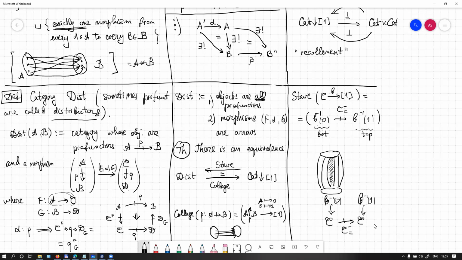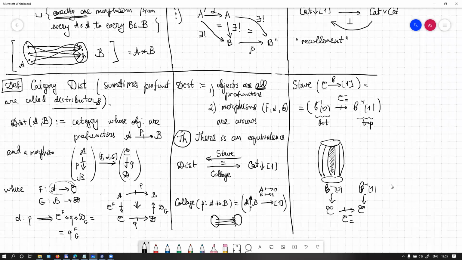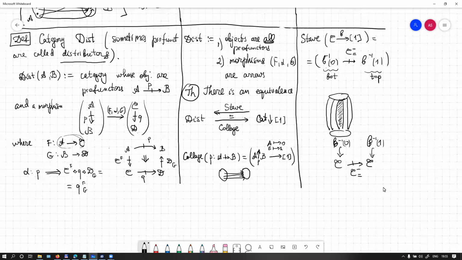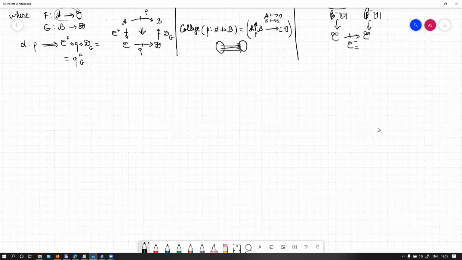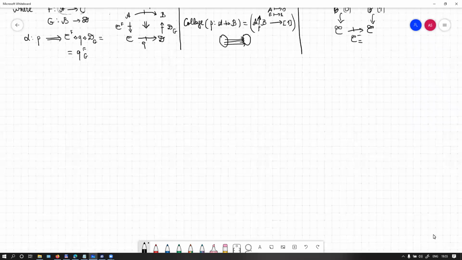I mean, surprise, surprise, but barrels were very close to profunctors, or category of profunctors, in a very, very strange way.